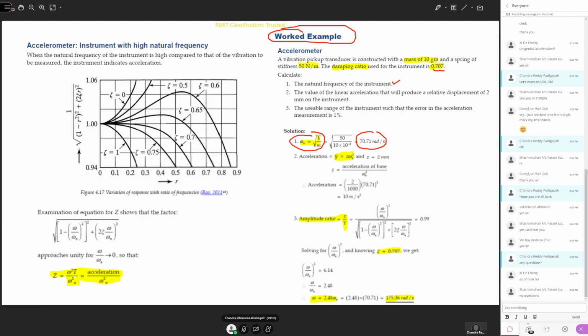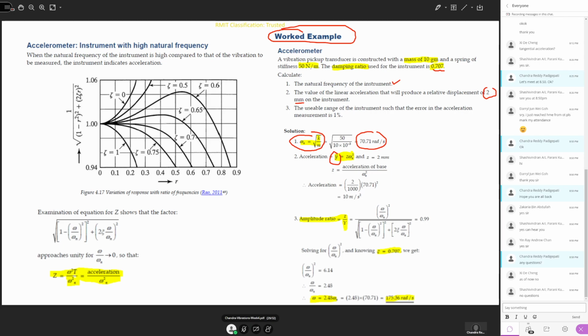Then acceleration is from V square over R. So the normal acceleration is V square over R. V is R omega, so V square is R square omega square, so this will become R omega square.